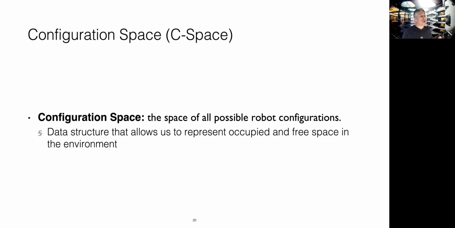If you worry about the orientation of the robot, if you worry about how the robot is directed at the goal state, then you have to include the orientation of the robot as well in this configuration space. So we need a data structure. We need a way to represent this occupied and free space from the robot's perspective.